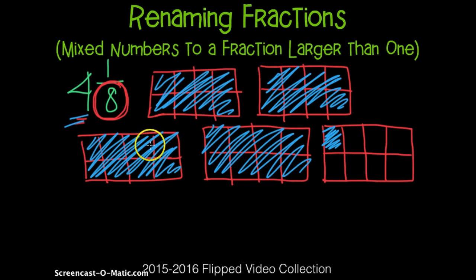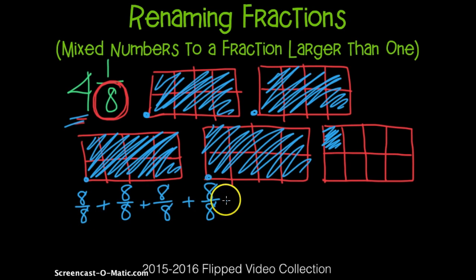I'm going to create my number sentence. So I know that this is going to be 8 out of 8, so I'm just rewriting 8/8 plus 8/8 plus 8/8 plus 8/8. Each one of these is representing a whole, which gives me the 4.